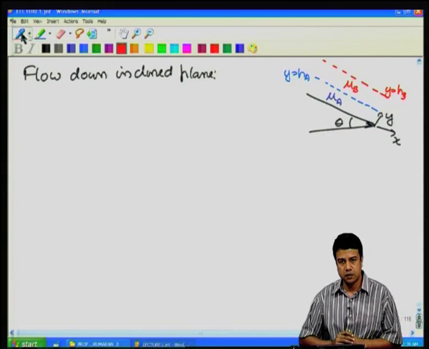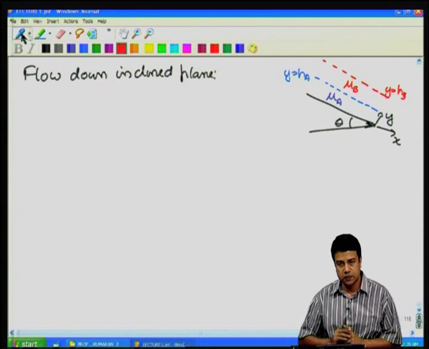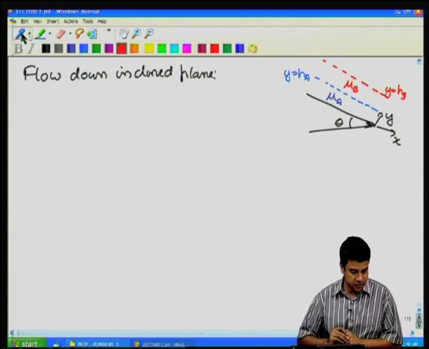I will assume for simplicity that the densities of these two are the same, only the viscosities are different. It is quite easy to extend this to the case where both the densities and the viscosities are changing.